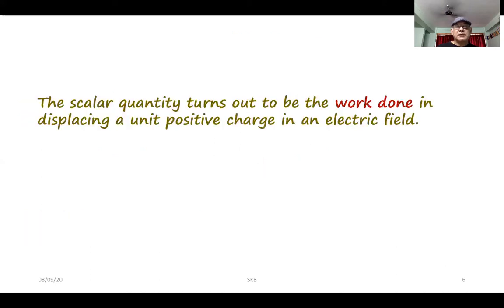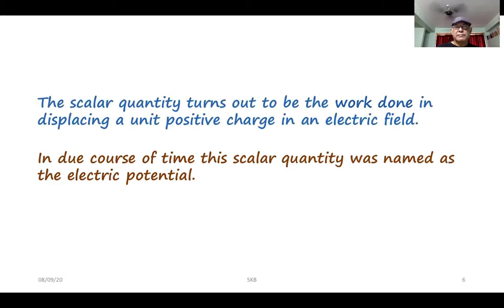The scalar quantity turns out to be the work done in displacing a unit positive charge in an electric field. In due course of time, this scalar quantity was named as the electric potential.